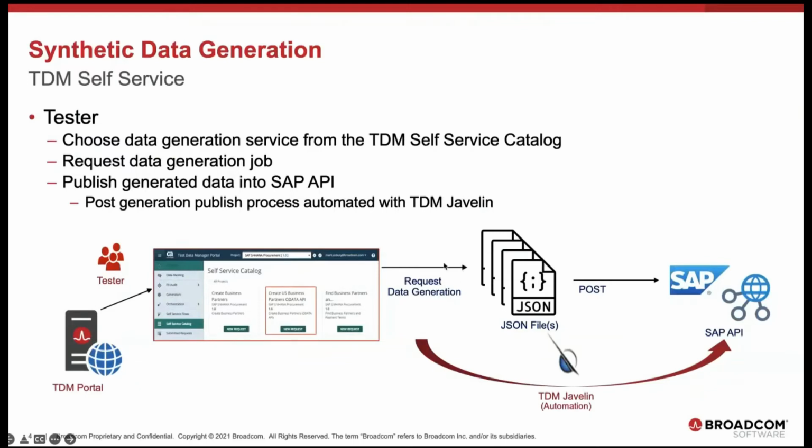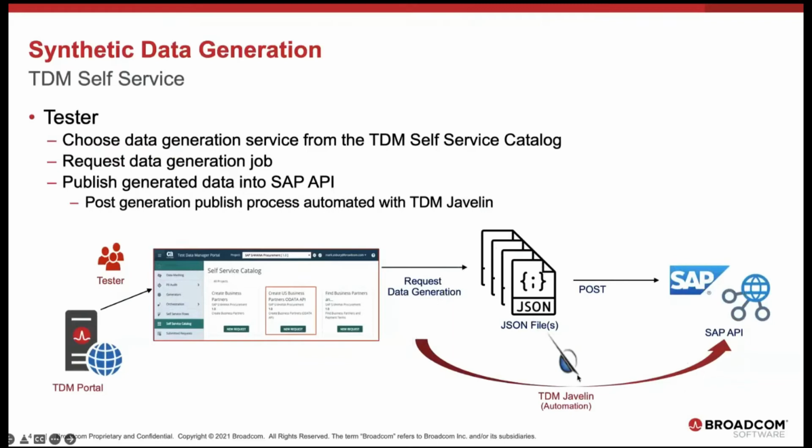And then the generation service would generate the data based on the rules that were defined in the generator. And those can be exported out into JSON files that can then be pushed into the SAP API, right? And so a test data engineer would have used Javelin to automate this part of the process.